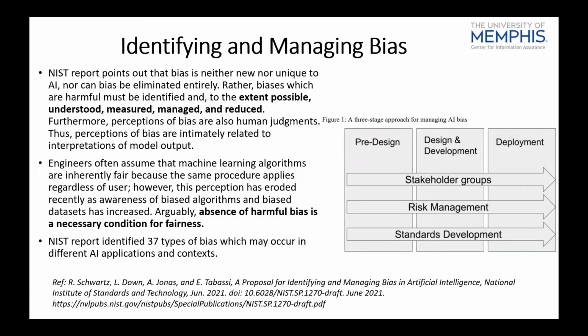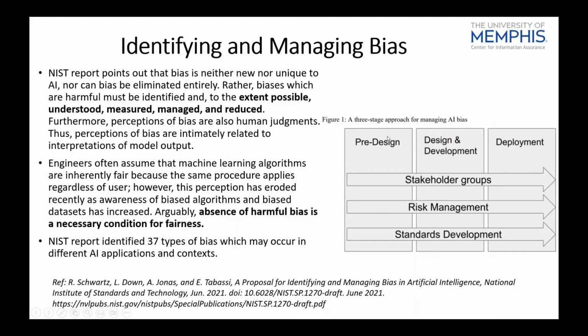So that's the important thing, how to manage, how to understand so that you can manage. Further, perceptions of bias are human judgments. Thus, perceptions of bias are intimately related to interpretation of the model output.